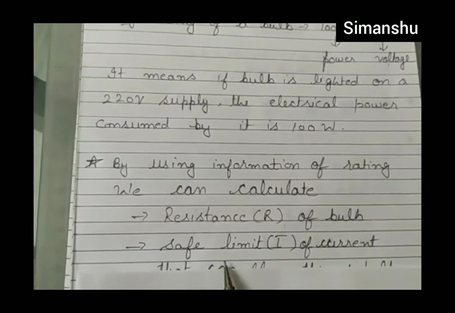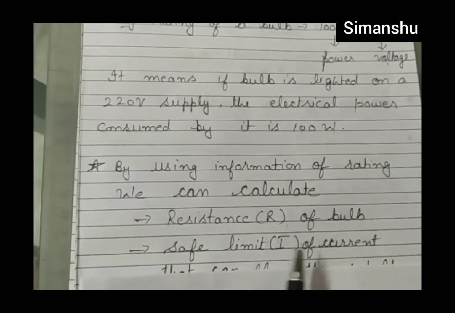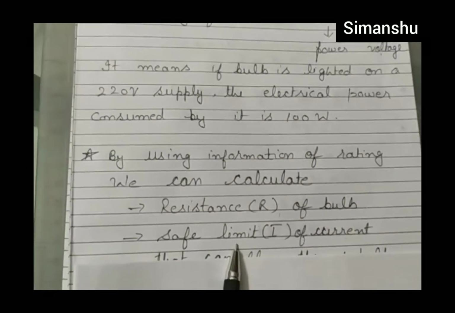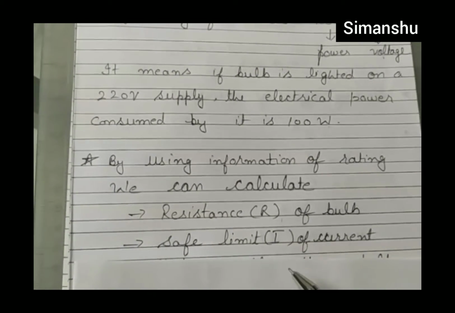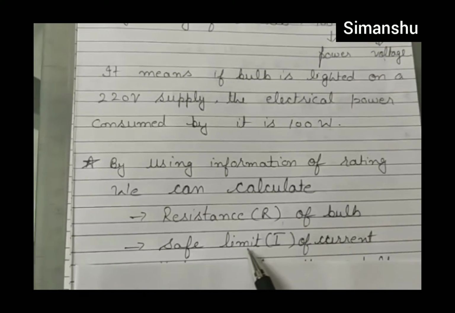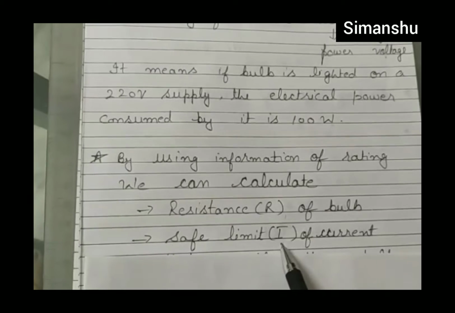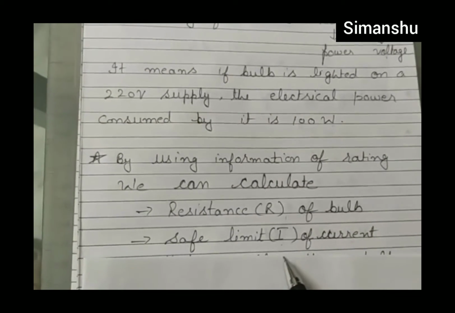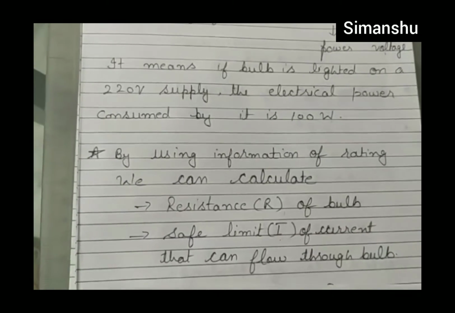And the other thing, the safe limit of current, that is I. What is the safe limit? It is the limit up to which we can supply current to the device; the current should not cross it, otherwise it can cause problems to the electrical device.